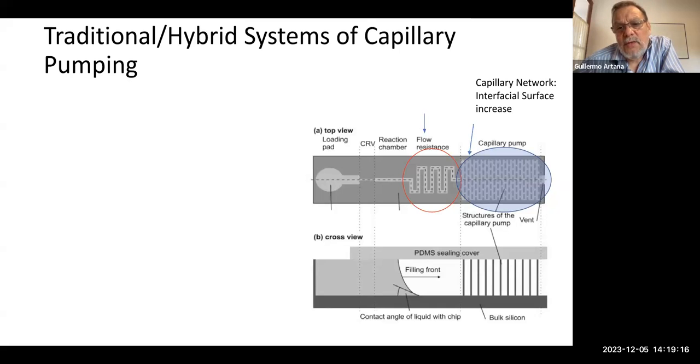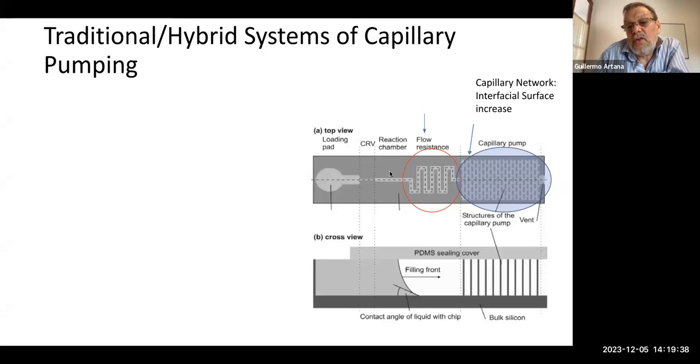In most of the devices that have been developed, you have a pump here, or a region in which you increase the surface, and the flow is controlled from the loading pad.